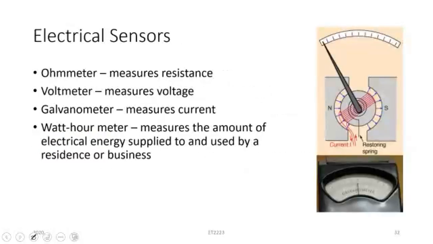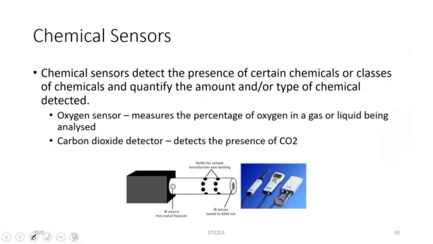Electrical sensors, again, anything that you can observe that is relevant to electrical signals. So you can measure resistance, voltages, currents, or the total energy consumption. Again, it's a sensor that is observing a phenomenon about the physical change of electricity in this case. You may have come across chemical sensors, particularly oxygen sensors, carbon dioxide or carbon monoxide sensors.